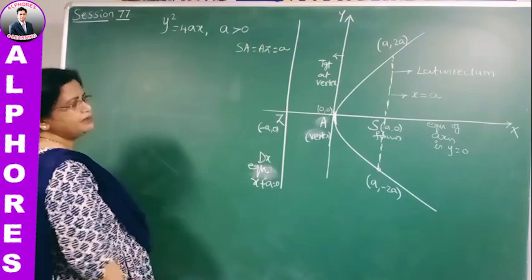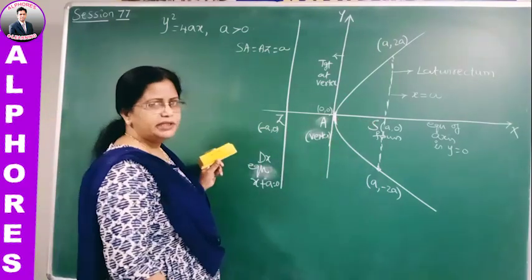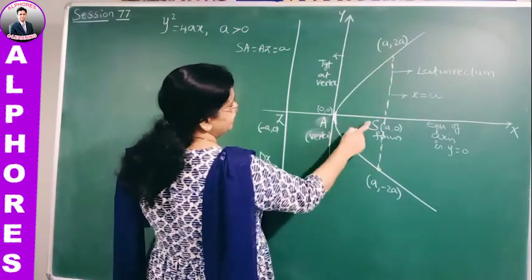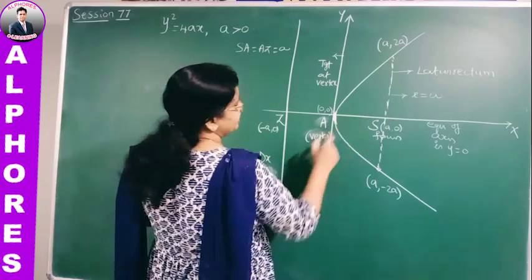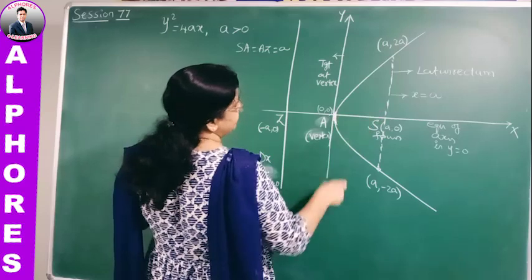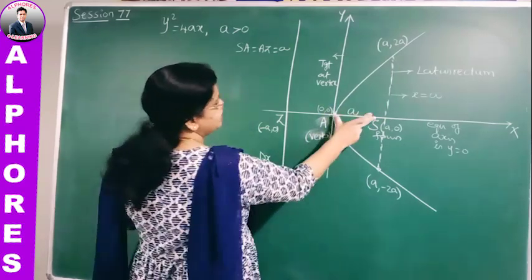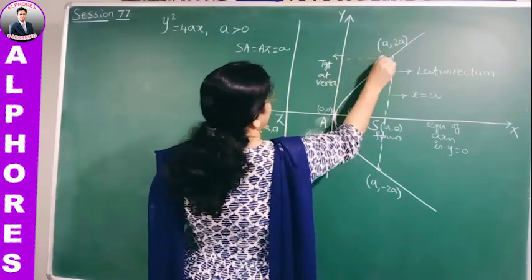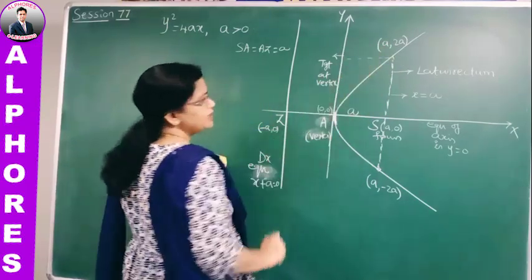The latus rectum by definition is a double ordinate, which means it has to be perpendicular to the axis, and it is passing through the focus. Therefore observe this length, which is a. As this length is a, we can take the x coordinate as a.